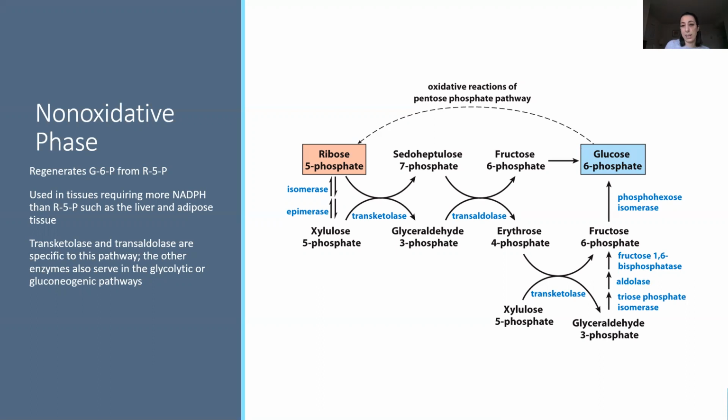So this is how it connects. Fructose 6-phosphate is going to be generated, and glyceraldehyde 3-phosphate is going to be generated, and these all can feed directly into the gluconeogenesis to then make glucose 6-phosphate.